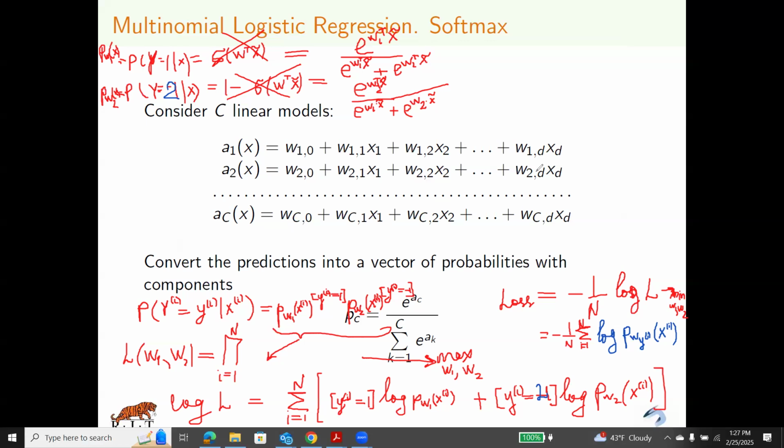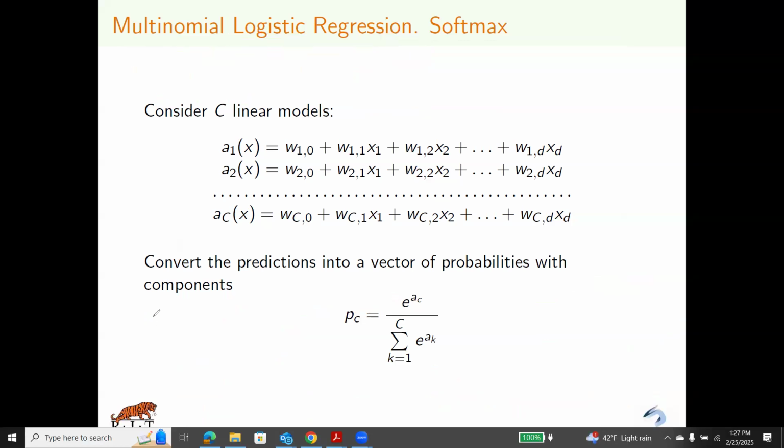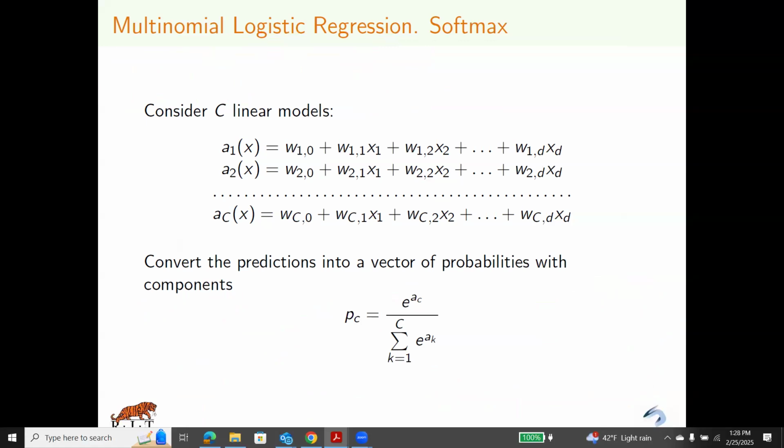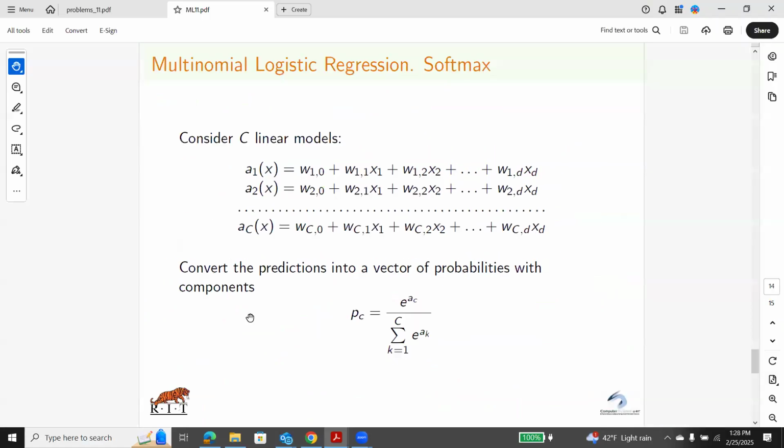Okay, so can we go to the last problem, problem 4? Let's talk about cross entropy.